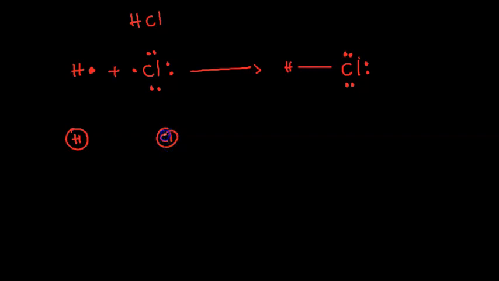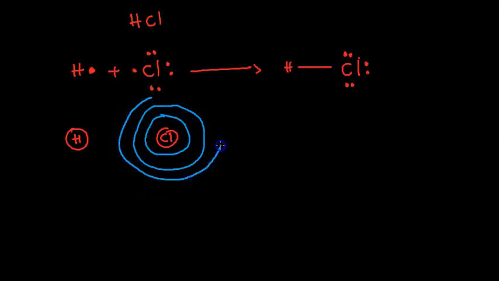Chlorine is going to have 3 lone pairs: this is 1, 2, and this is the third one. Hydrogen is simply going to have just one shell, so here we have 2 electrons.